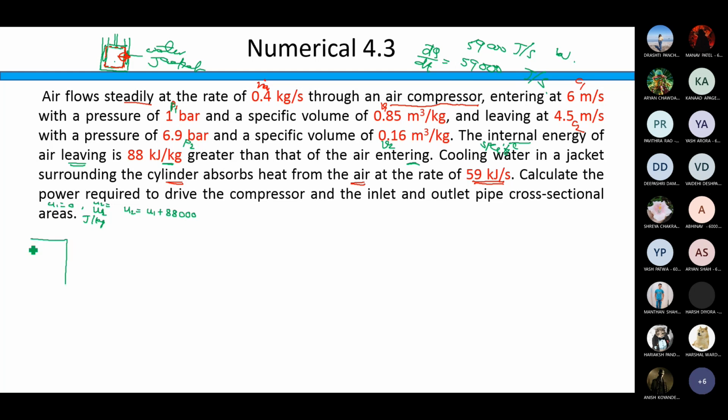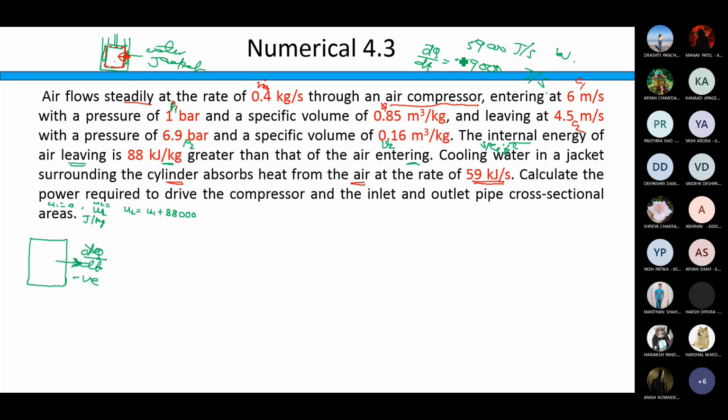See, this is your control volume. Heat supplied to the system is positive, and heat rejected by the system is negative. So here it is extracted or given out by the system. So this must be negative, in that case, correct? Yes, sir, negative.